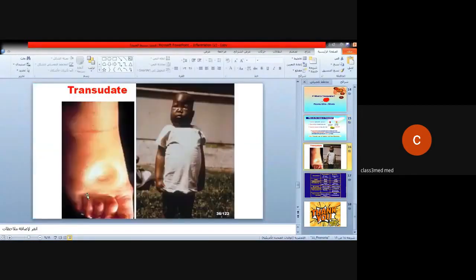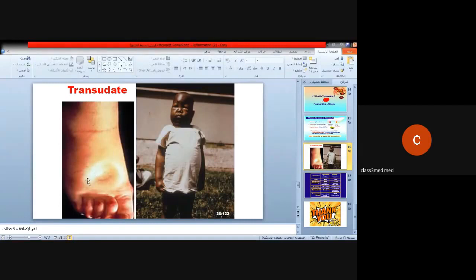Regarding exudate and transudate. This is a transudate. You see this foot with the pitting edema, swelling of the foot as in cases of congestive heart failure. There is edema in the lower extremities, which is pitting edema.